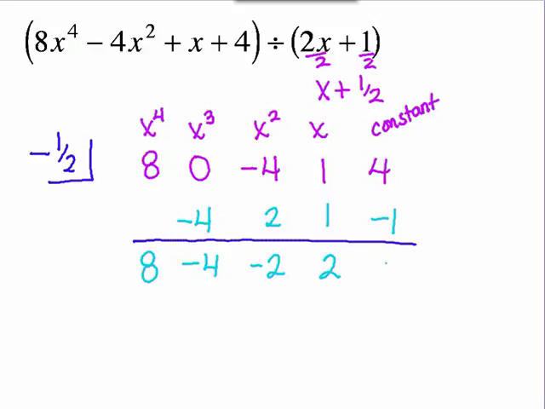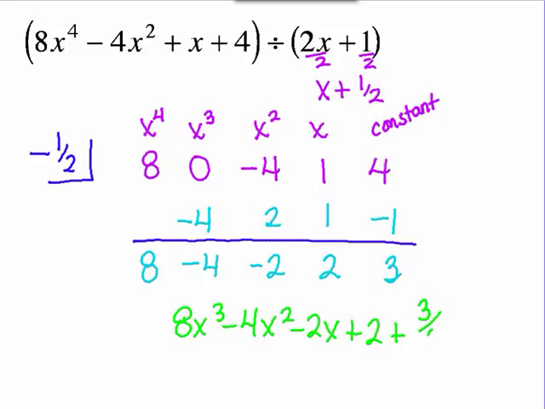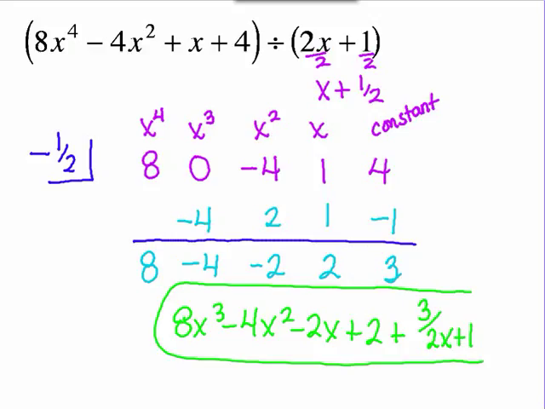So my remainder is 3. So somebody tell me what my answer is going to look like. 8x cubed minus 4x squared minus 2x plus 2, 3 over x plus 1/2. Or I could put 2x plus 1, doesn't matter. 2x plus 1 or x plus 1/2, same thing.